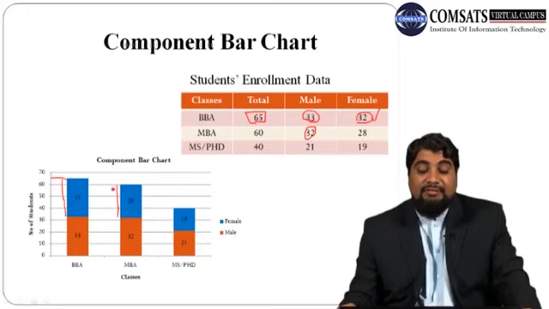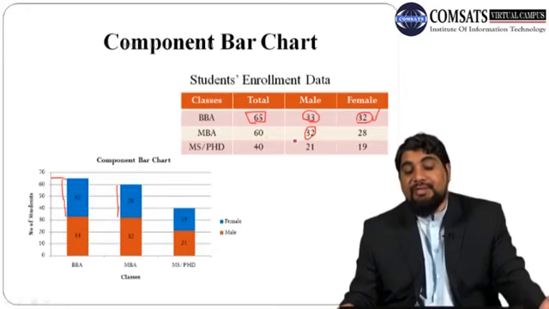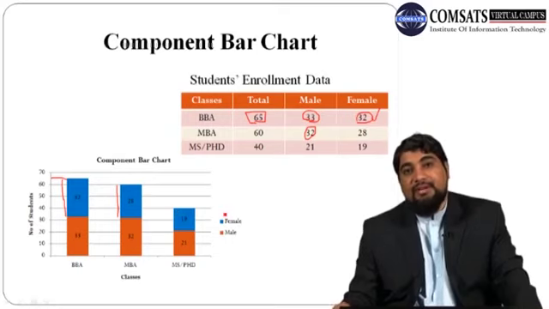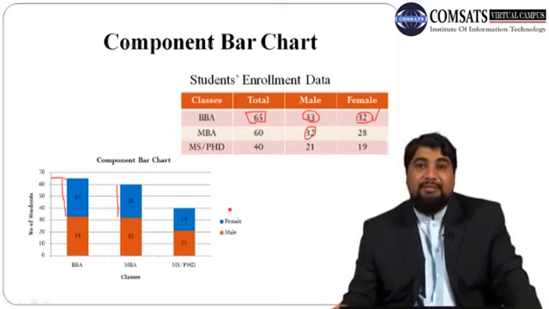It means the total height of this bar is 60, which is subdivided into two parts, 32 for male students and 28 for female students. Similarly the next one will be 21 male students and 19 female students, total 40 students. This is how we can construct a component bar chart using basic calculations by hand.